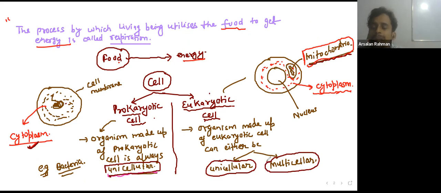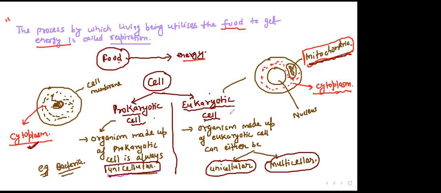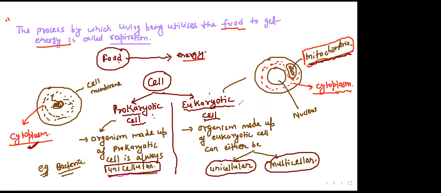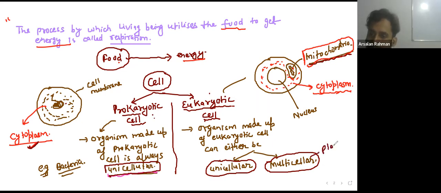We humans are made up of eukaryotic cells. We are multicellular organisms, and prokaryotic cells will never form multicellular organisms. So plants, humans, most animals are all made up of eukaryotic cells.